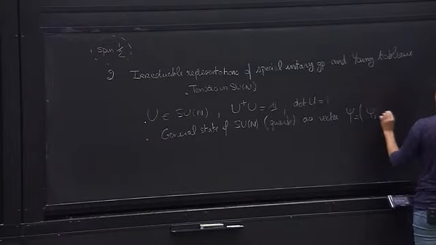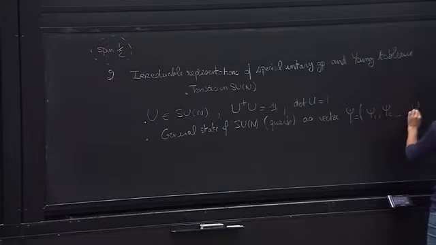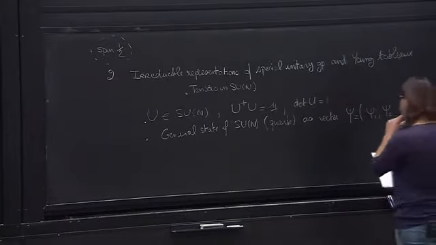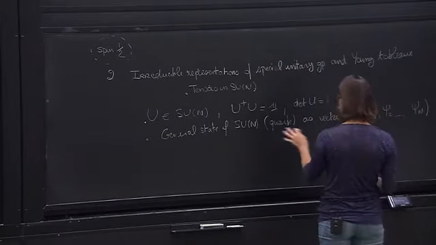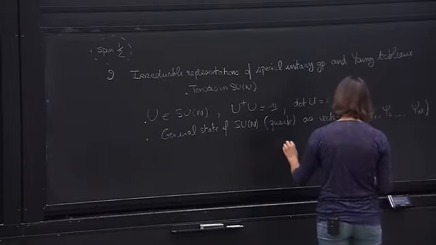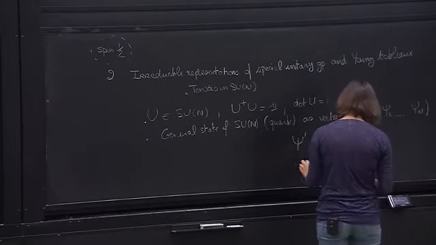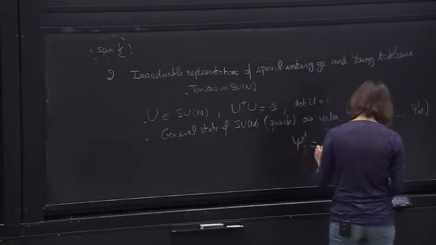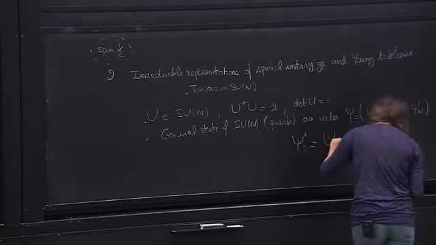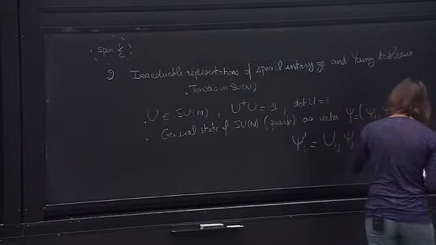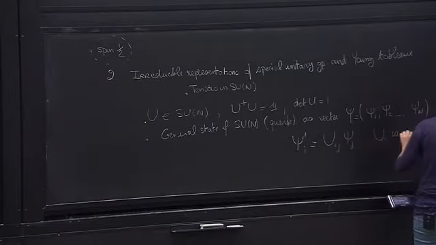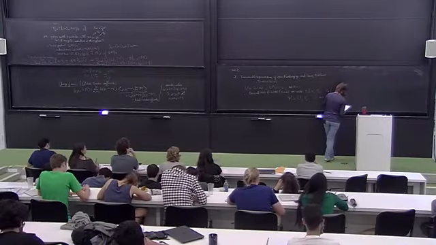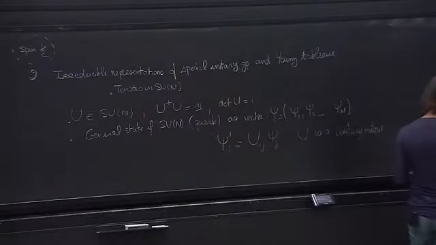So let me maybe use... And so this means that if it transforms as a fundamental representation of SUN, it satisfies that the transformation can be written like this, where U is a unitary matrix plus determinant equal to 1.